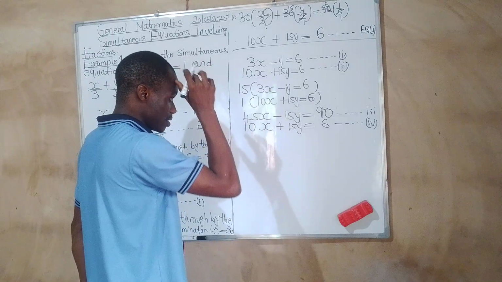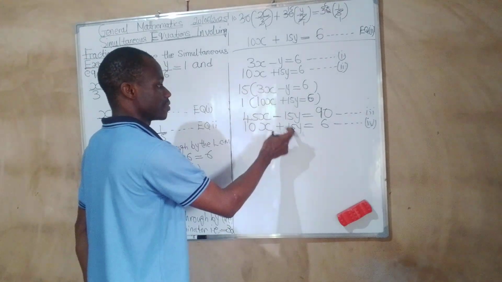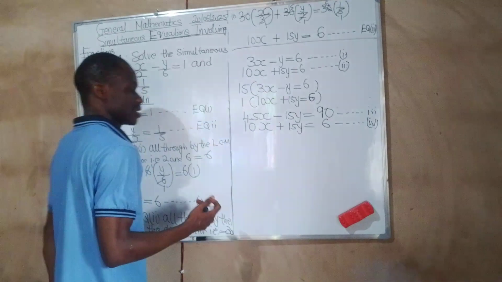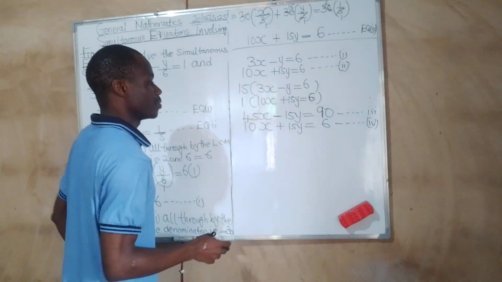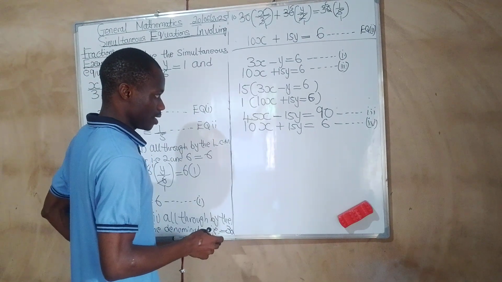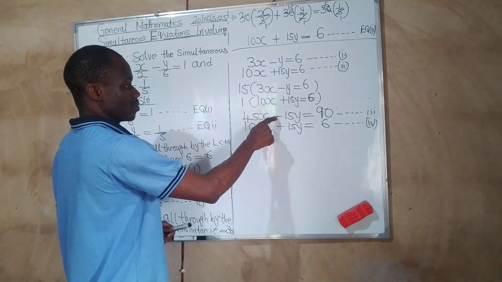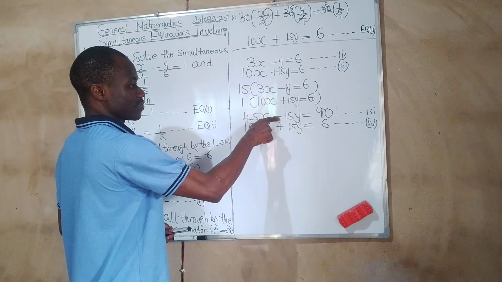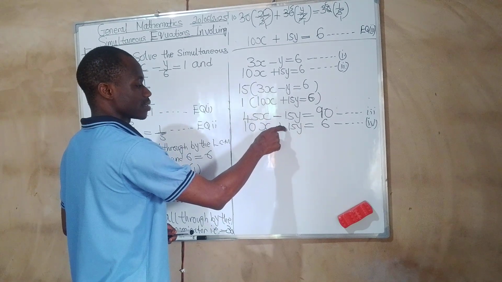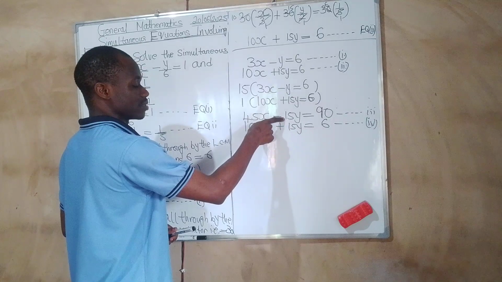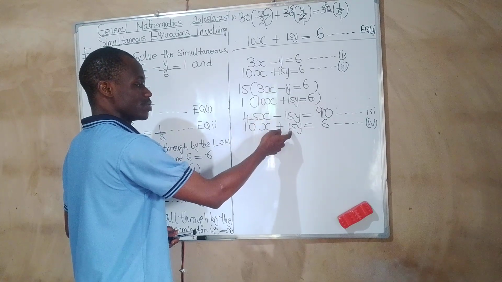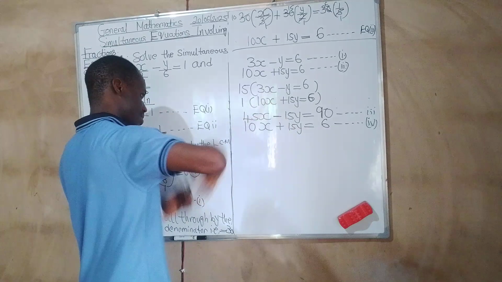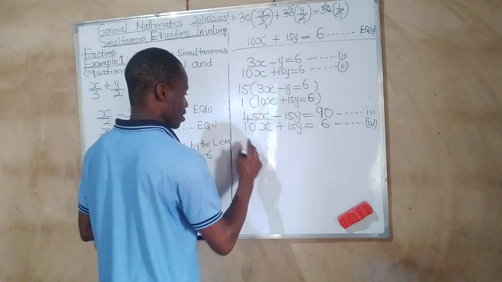So definitely you can see 15, 15 now. Remember I said that for us to eliminate, we either add or subtract. Now look at this. You are having minus 15y here and plus 15y here. You are owing 15, then this is plus. So since you're owing somebody, you use this to pay this. It has eliminated. I hope you get that.